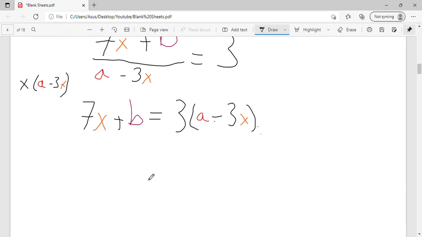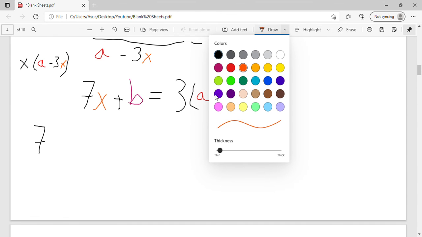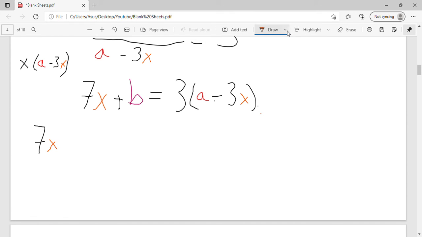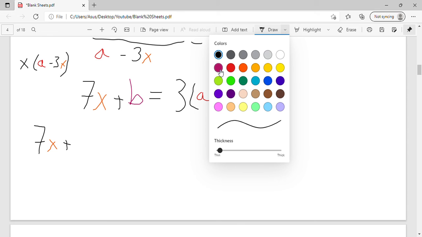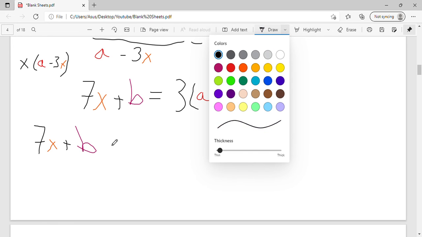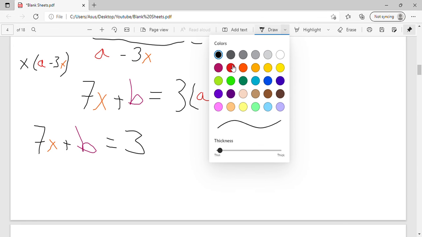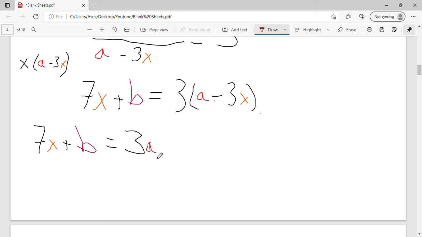Okay? And then what we're going to do is expand out this bracket. So we're going to keep it the same over here. 7x plus b equals, and then expanding out this bracket, that's going to give us 3a, and then 3 times minus 3 is going to give us minus 9x.